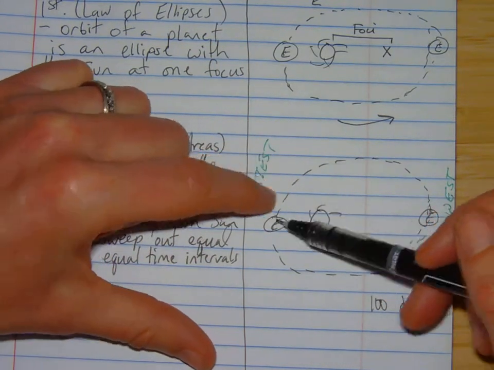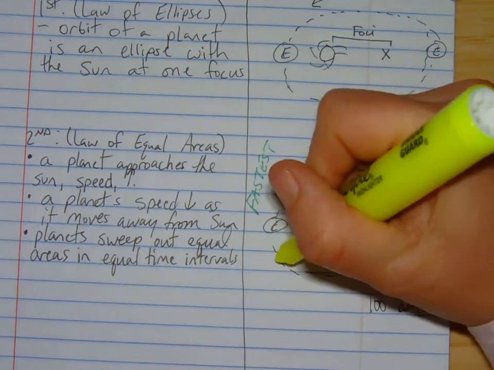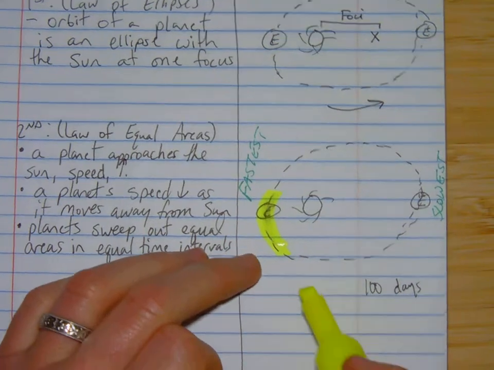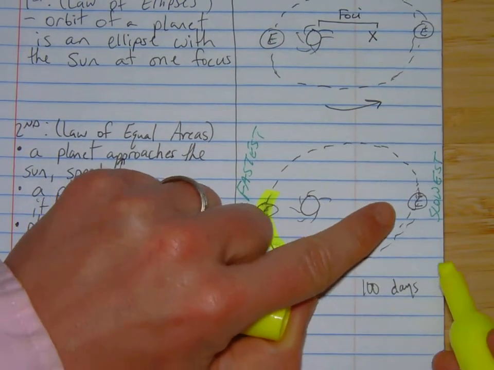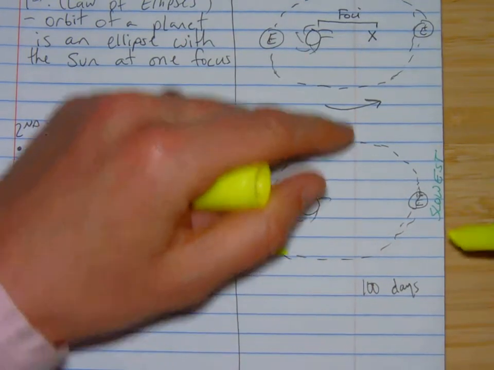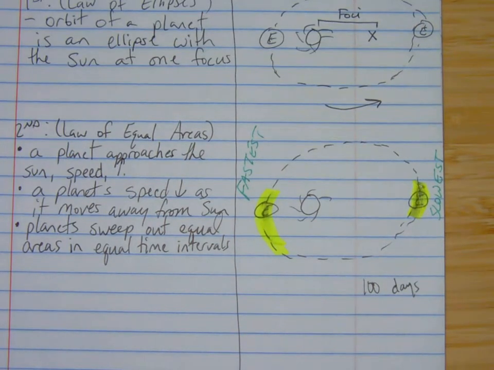Now, if we know the Earth is going faster here, I think most of us can easily understand then, well, if it's going fastest here, it would cover a greater space. So maybe it covered that much space there in 100 days. But over here, in 100 days, remember, that's the slowest point. So in 100 days, that Earth might only go that far. Okay, not very far at all. But to figure out the area, it's a triangle thing.